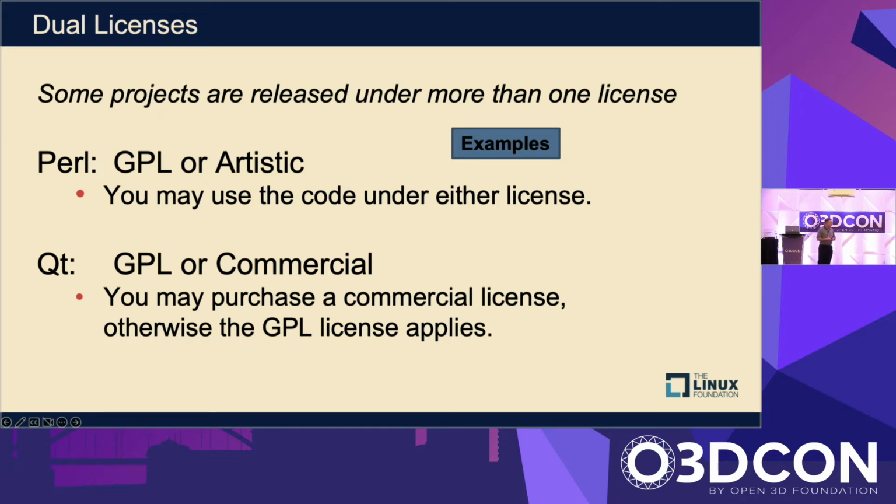And you get to decide if you are using, not just writing Perl code, but actually using the Perl code base itself. You have a choice to decide which license applies. And if you are using code under a GPL license or another copyleft license, you might choose to use that because it's more compatible. We're going to talk about license conflicts in a minute as well. The artistic license may be more compatible.